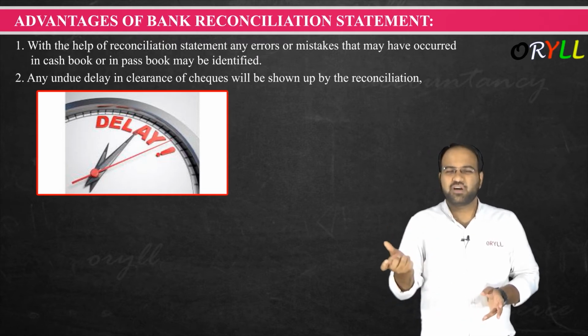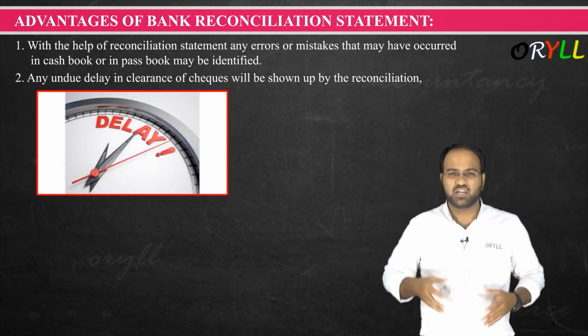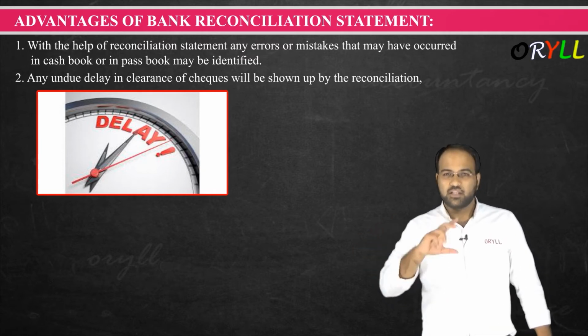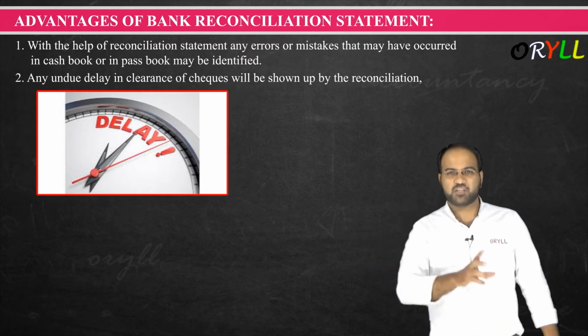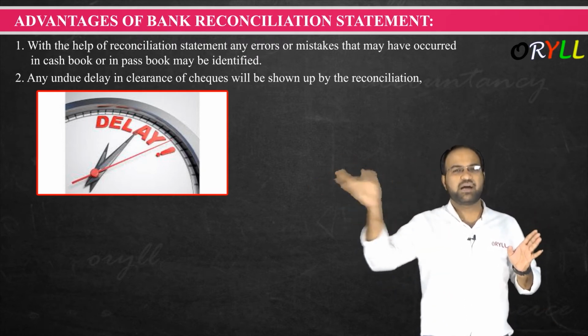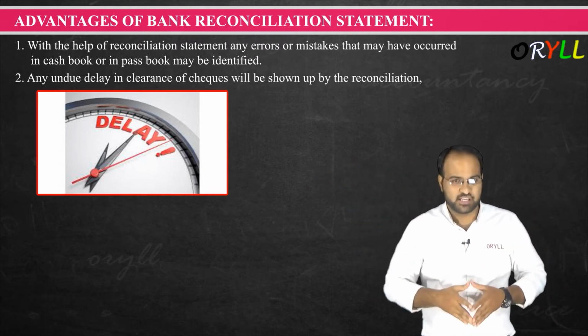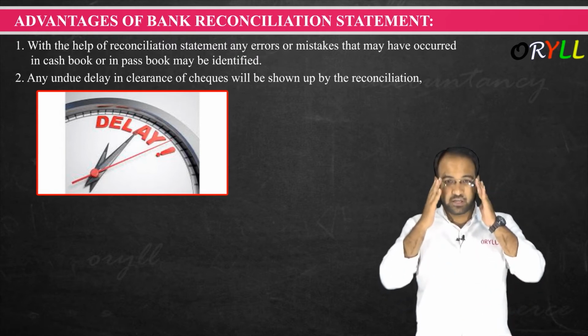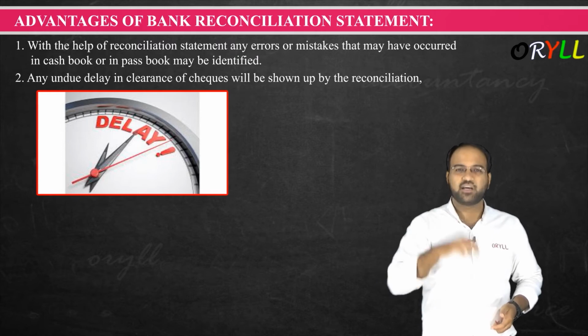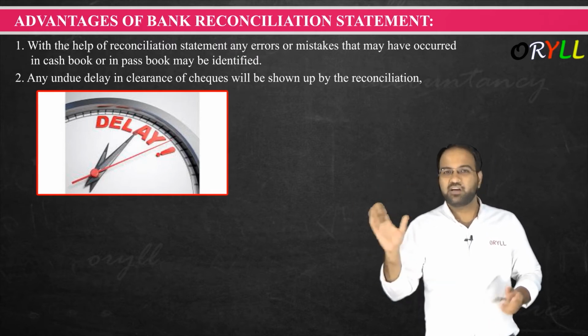So there is a delay, and this can be brought to notice. Why? Because there will be a difference between the passbook and the cash book: you recorded it in the cash book, but it is not yet presented to the bank, hence it is not in the passbook. So next time when we receive a cheque, we will immediately send it to the bank for depositing.